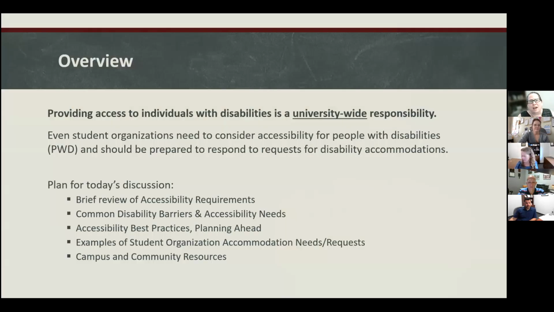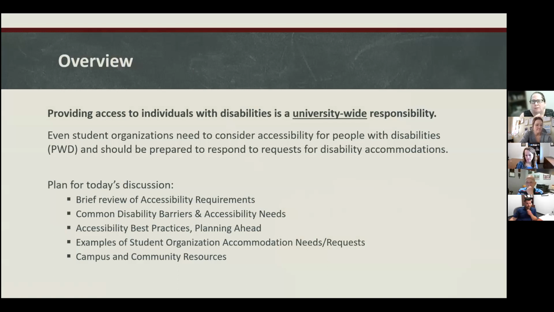So I think a common thing is understanding what Megan just said. When access is a university-wide responsibility, it's really everybody's responsibility to make sure we have access, just like we do for any other underrepresented group. It's not just one office's or one person's responsibility, it's all of our responsibilities. And especially for organizations, you need to be prepared that there are going to be people who have disabilities who are going to participate in your activities and be members of your organizations, and you need to be prepared to respond to those requests.